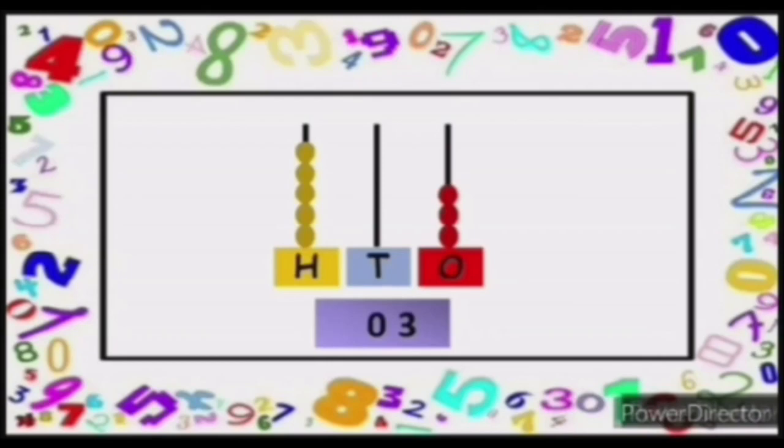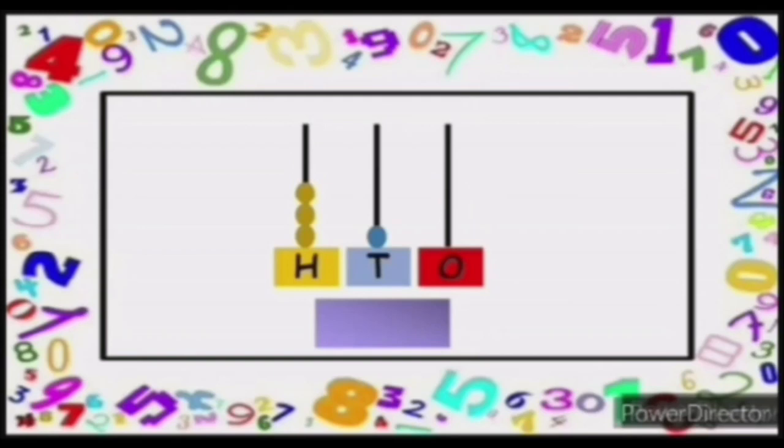Now, tell me how many beads are there in the hundreds spike? Yes, 5 beads. So, write 5. So, the number has 5 hundreds, 0 tens, 3 ones. Thus, the number shown on the abacus is 503.